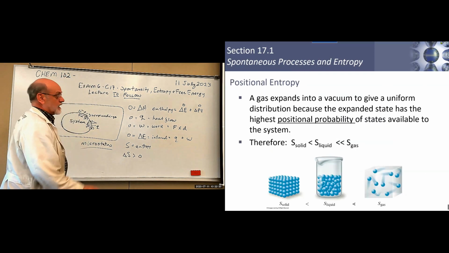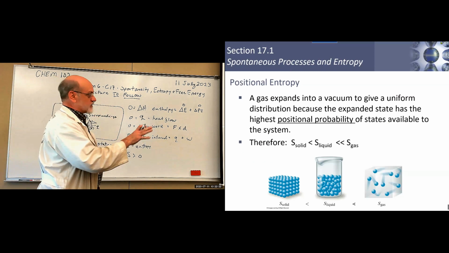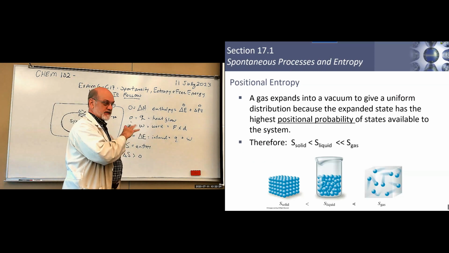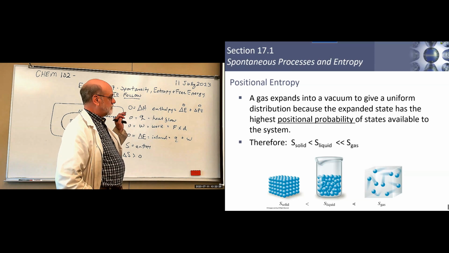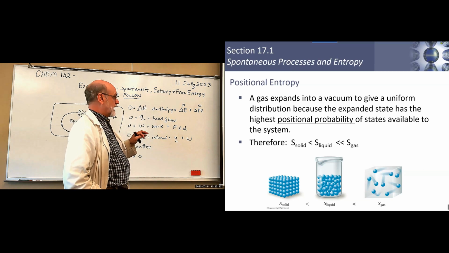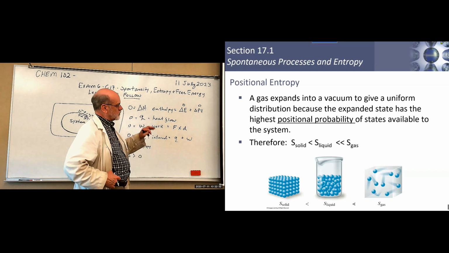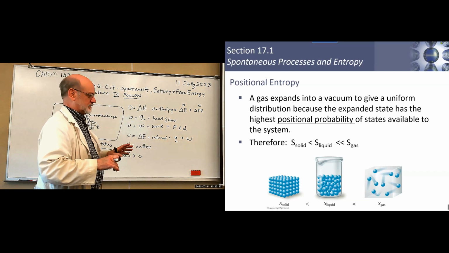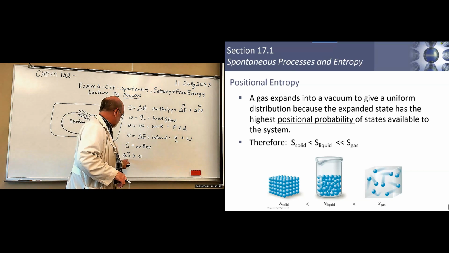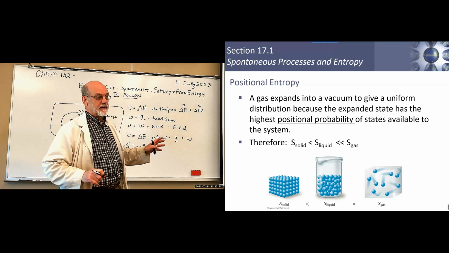All right. So with the description I just gave you about solids, liquids, and gases, we would expect to see that the entropy, and they're not using a delta there because we're trying to keep things simple. When you actually do calculations, you're looking for a change in entropy.